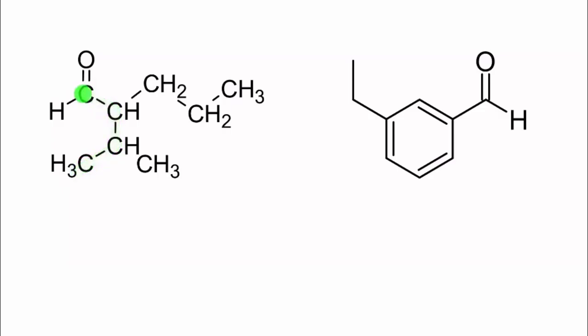Another possibility is 1, 2, 3, 4. But then if we look at the third possibility, we can go 1, 2, 3, 4, 5. Since that is the longest carbon chain, that's going to be our parent chain. So let me highlight it for you.